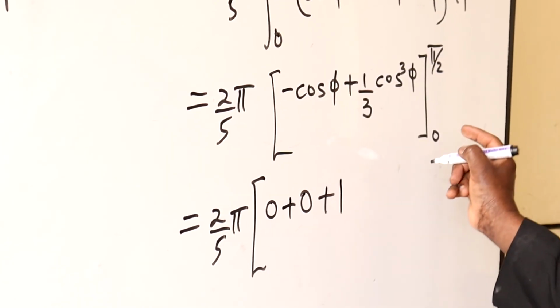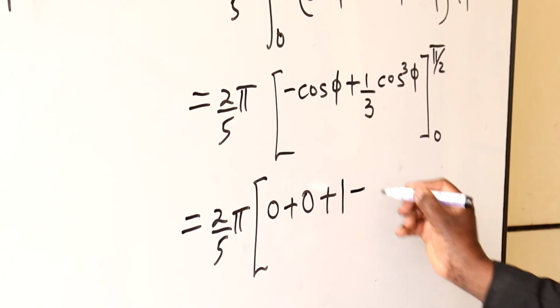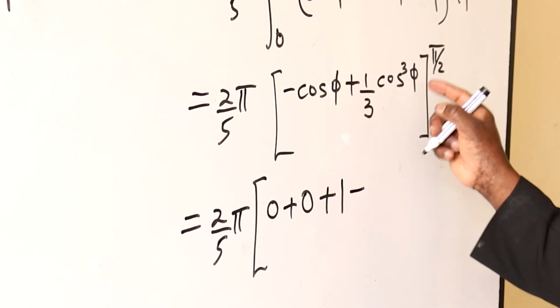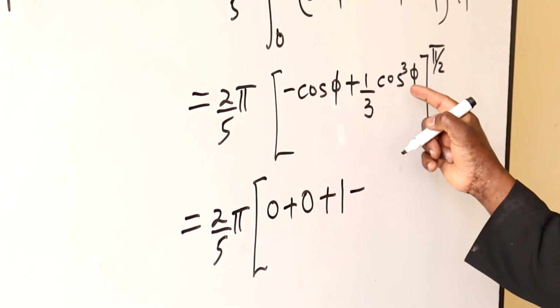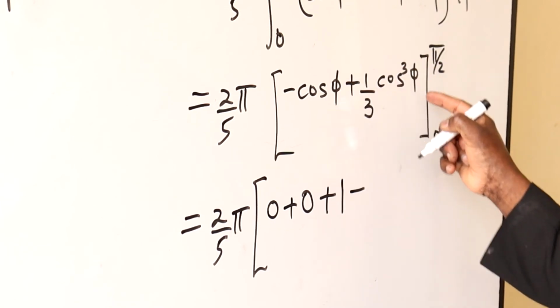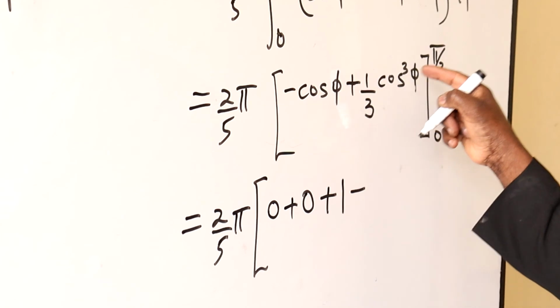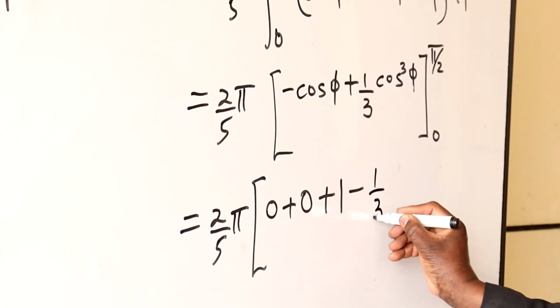1 minus a third, since cos 0 is 1, and 1 cubed is just 1, so minus a third.